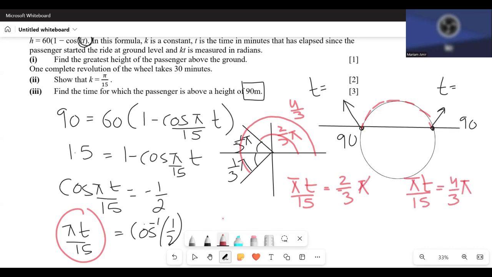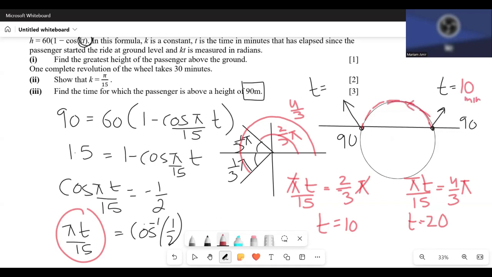Okay, cancel the pi's. So we get 2 into 15 divided by 3. We get t equal to 10. And pi's get cancelled. 4 into 15 divided by 3 is 20. So that means first time the passenger reaches the height of 90 is going to be in 10 minutes.